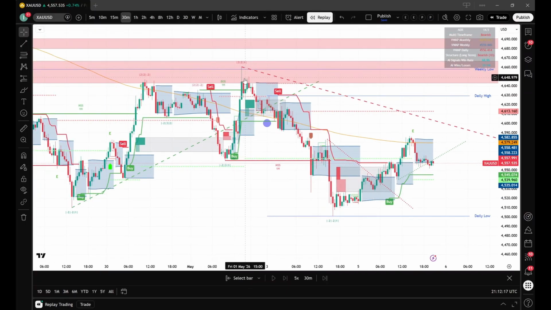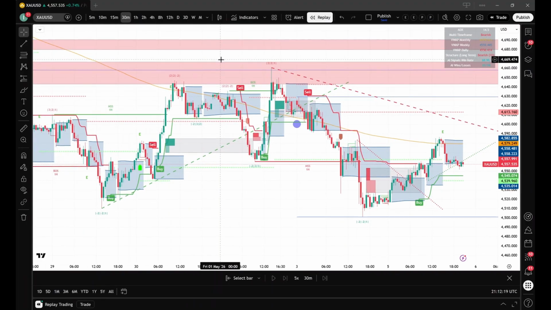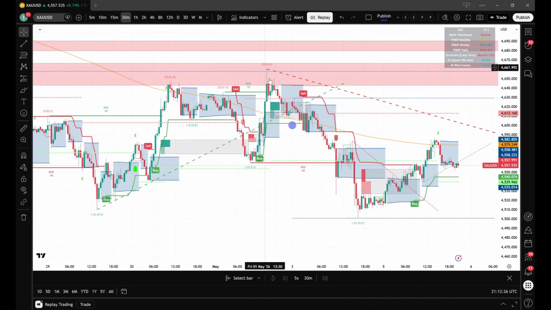Same thing here. You had really good confluence here actually, because you had a tap and rejection off a bearish brain zone, as you can see here, and then a plot at the top. And after this rejection, this was confirmed as a valid rejection by this plot here.